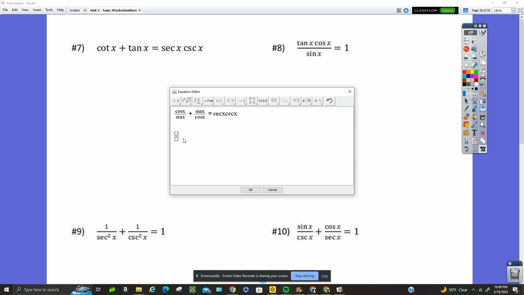And then you want to make this denominator sine x cosine x.